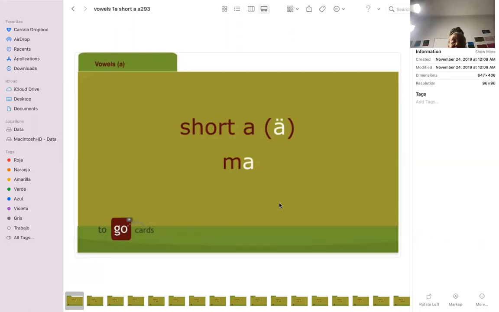But this time we're talking about the A as "ah," closer to the way you pronounce it in Latin-based languages.